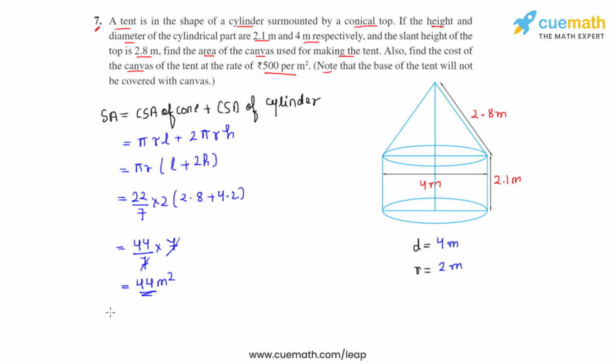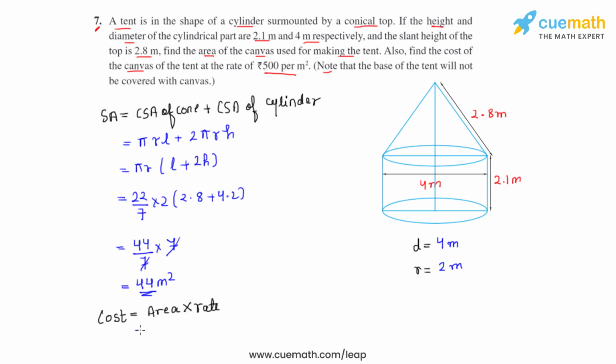The next part is to calculate the cost of the canvas of the tent. So we write that the cost of the canvas used to make the tent will be equal to the area of the canvas used times the rate at which it has been sold.